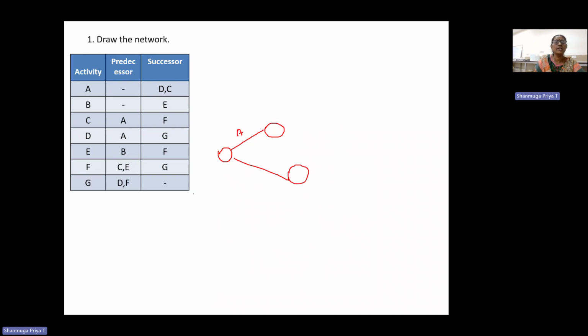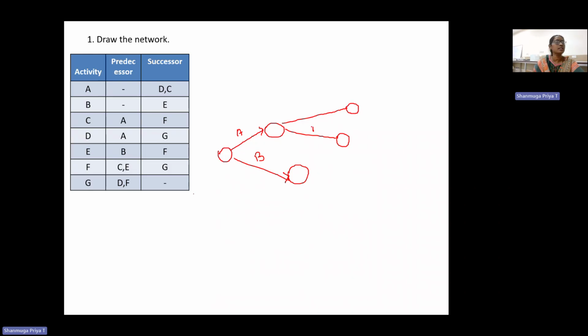A is an activity, and the node numbers we will give later. It should be represented by an arrow mark. C and D both will have A as predecessor, so we make the C activity and D activity like this.